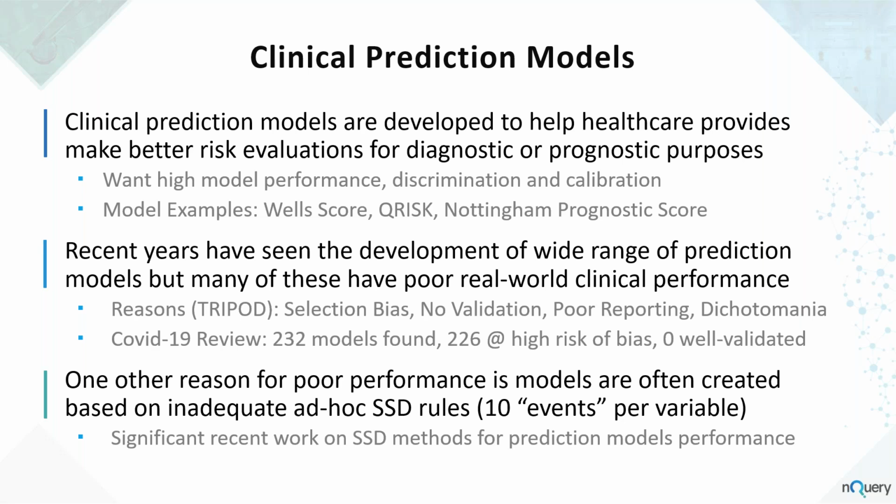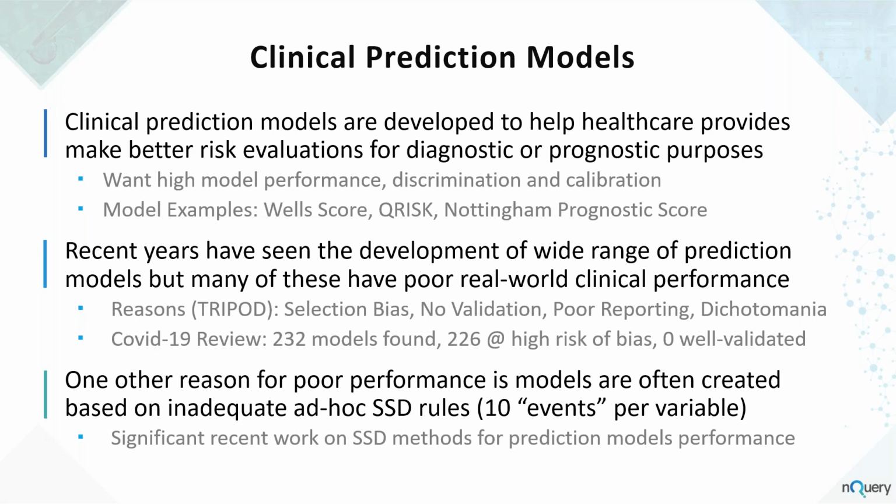One simple thing that researchers could be doing to improve their ability to know whether their model is worth trying, based on the amount of information that they have, is to do a formal sample size calculation. But unlike traditional sample size calculations, which are based on statistical criteria such as power and interval width, these are based on the prediction model's success criteria: discrimination, calibration, and model performance.